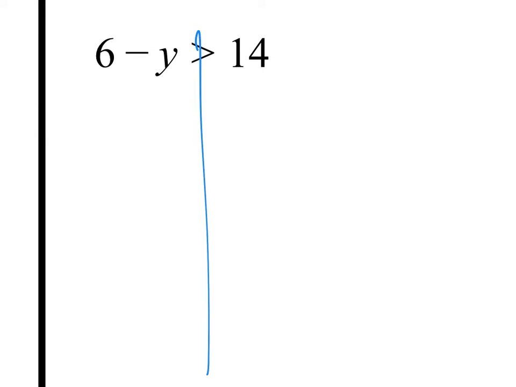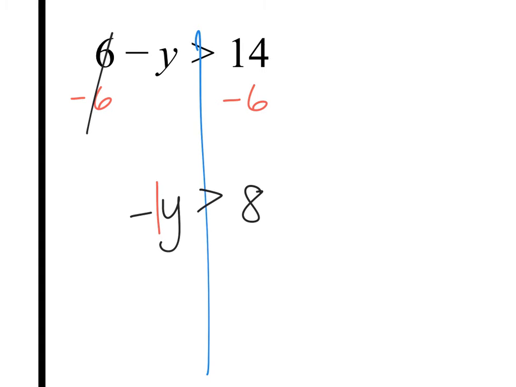Let's draw a balancing line. I see 6 out in front. It's positive. That is addition, so we will subtract 6, which will cancel that out. Now I have negative y is greater than, still greater than, you subtracted 6, you did not multiply or divide, 8.